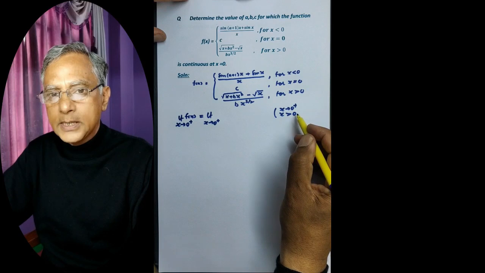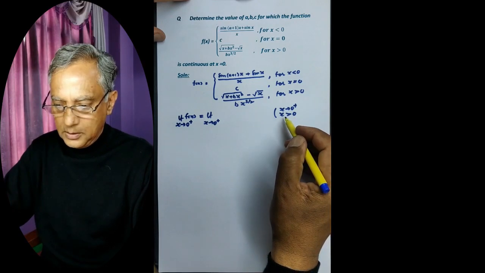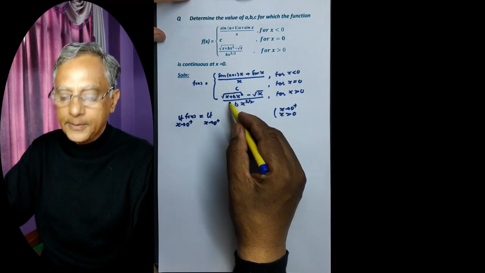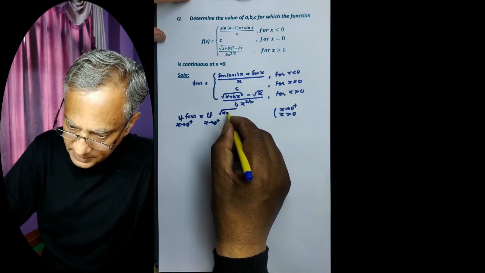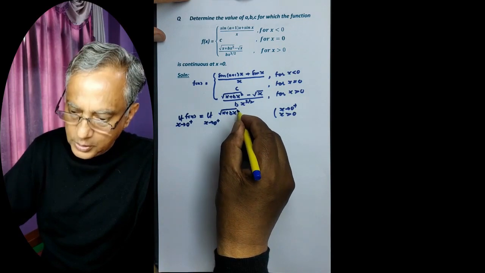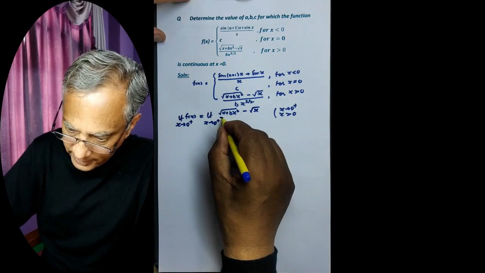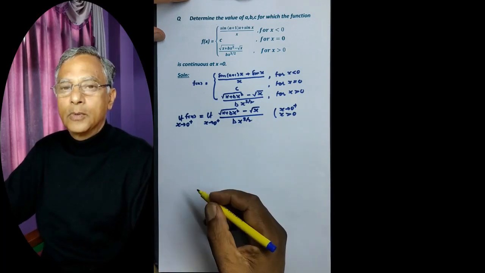We only consider points in the neighborhood of the point 0. For x greater than 0, we will use this definition. So we have under root of (x plus bx squared) minus under root x, whole divided by bx to the power of 3 by 2.